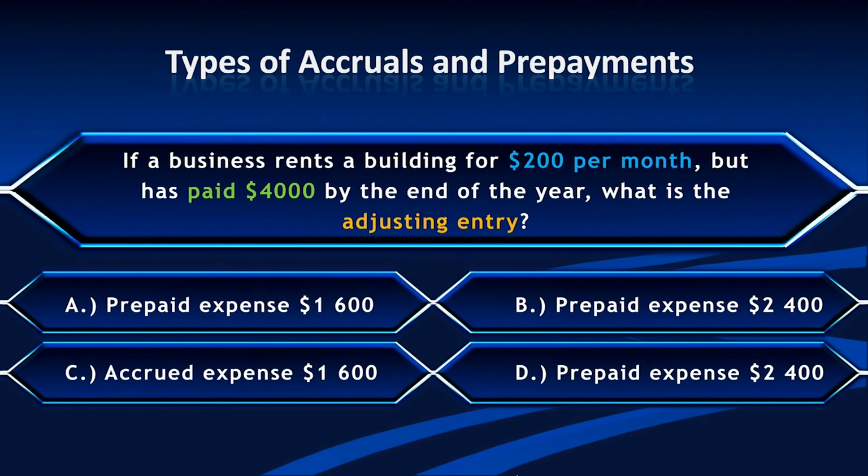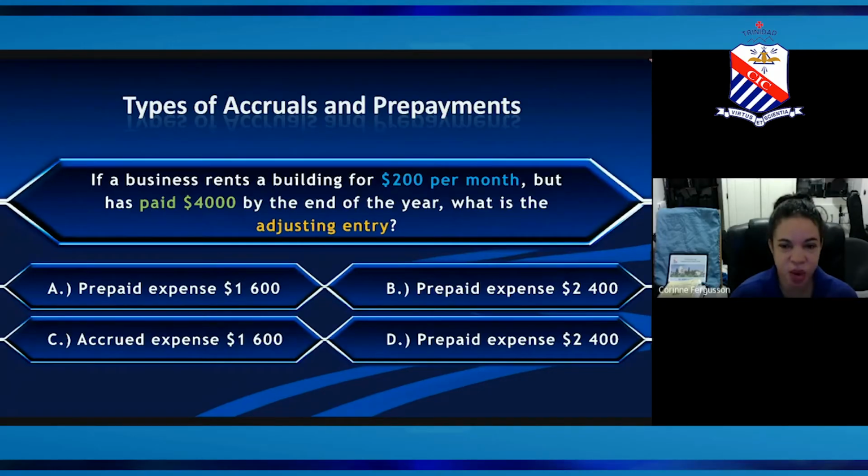So if a business rents a building for $200 per month, but has paid $4,000 by the end of the year, what is the adjusting entry? So remember, you take it one step at a time. You compare certain things. In this case, you have to work out something.